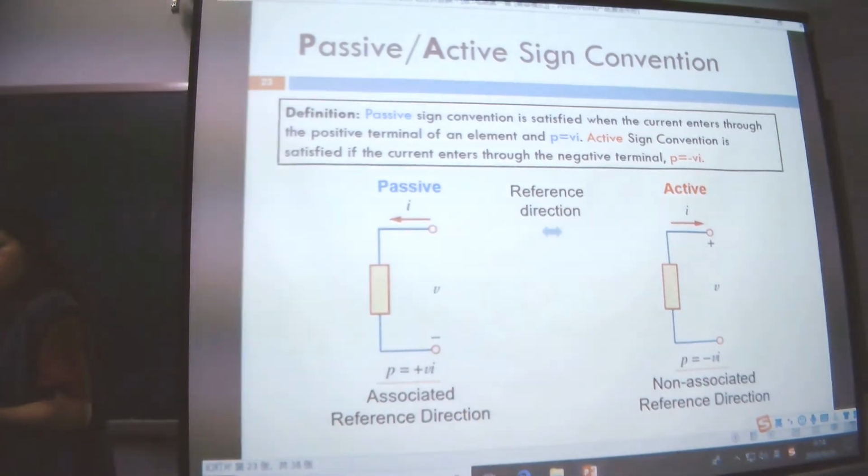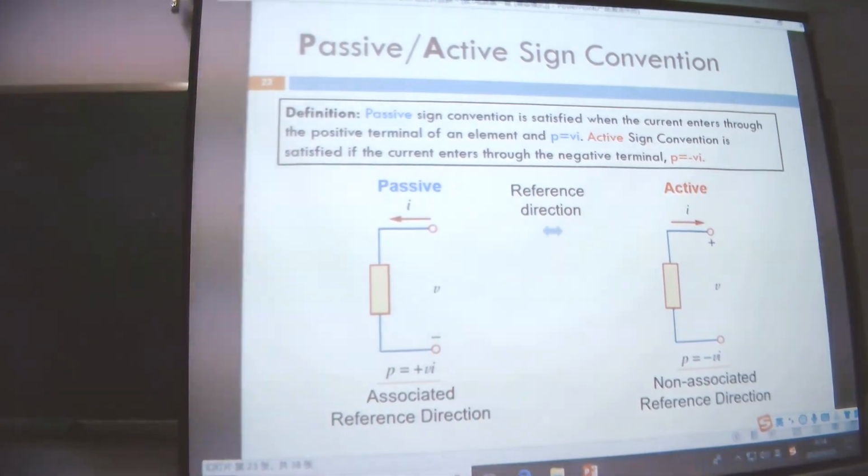What is an active element? Active elements include the voltage source and this one, the current source. We already know the direction of the source. So, this one is the reference direction of current source that we choose.